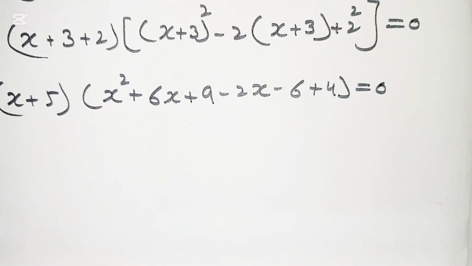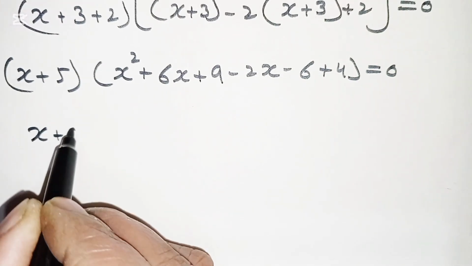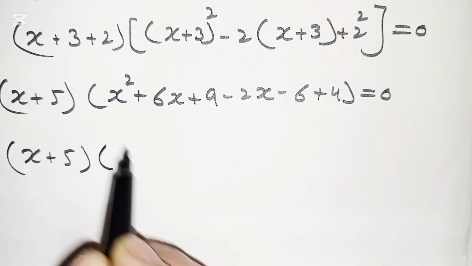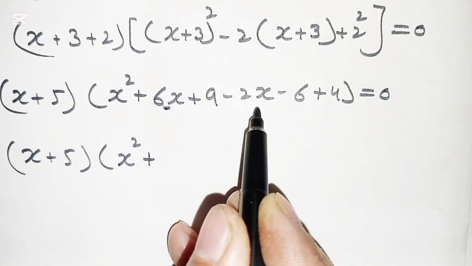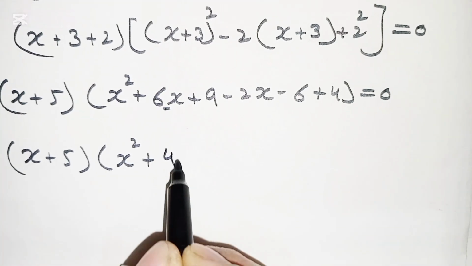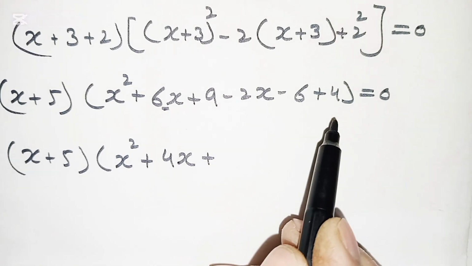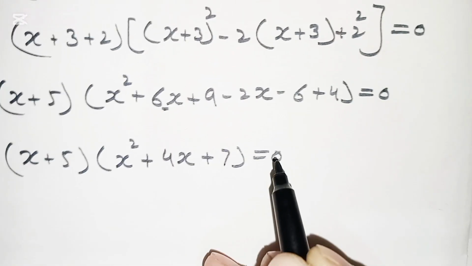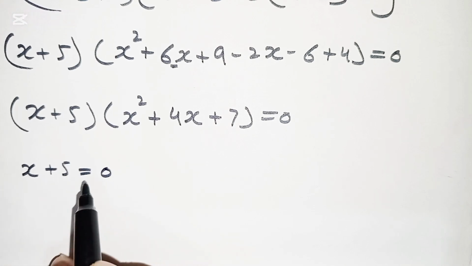And so x plus 5, and x square plus 6x minus 2x is equal to 4x, and plus 9 minus 6 plus 4 is equal to 7. And so this x plus 5 is equal to 0.